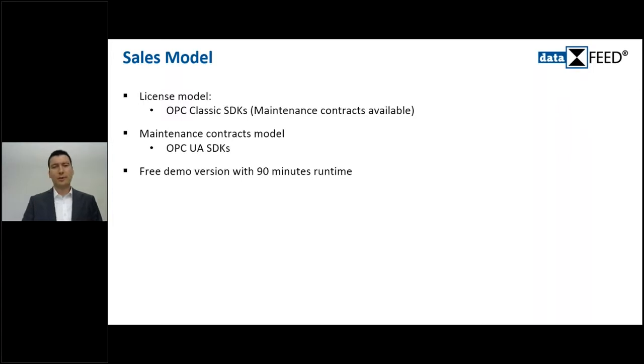It is different for the OPC UA SDKs. There we simply have a maintenance contract, so you have to buy a maintenance contract for each developer, but then you are free to update to every version. You have the contact to our dedicated support team, and we are here to help if you have any trouble in setting up your client and server.